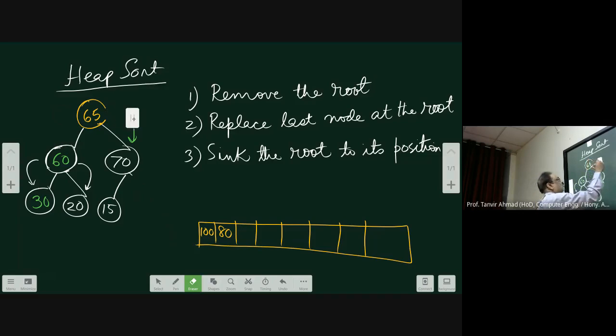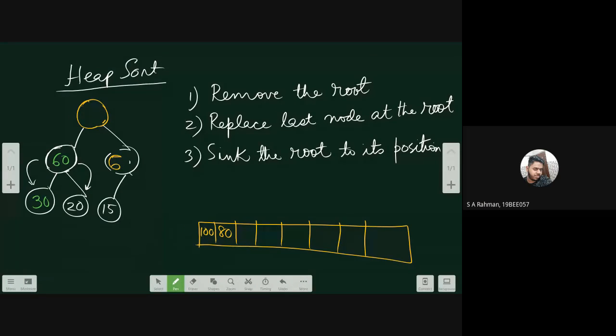And then you compare 65 with left and right both. When I do this, you know that 70 is bigger. Therefore, I will just remove this 60, this one, and put 70 over here.